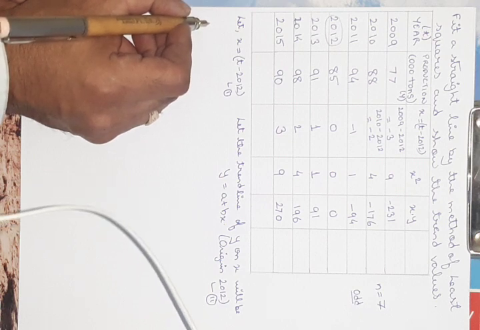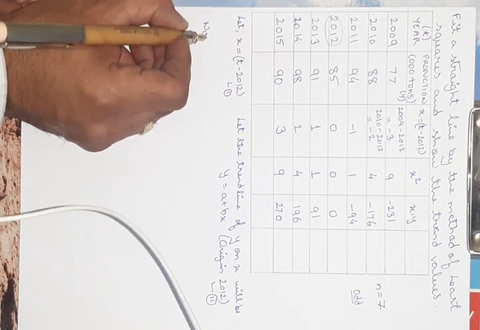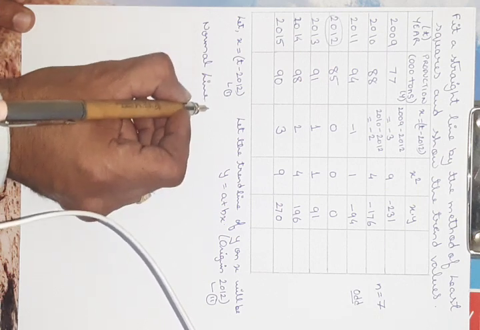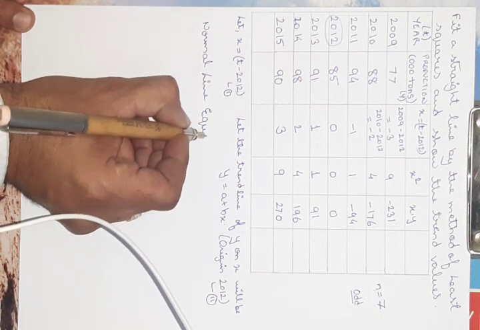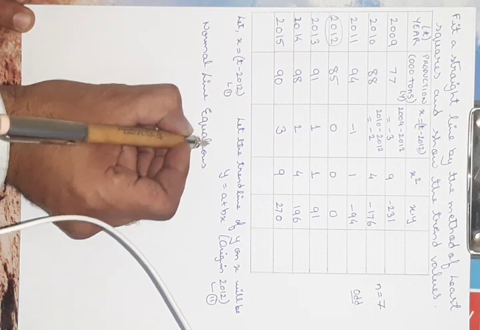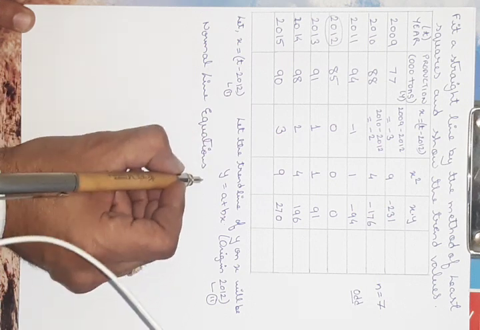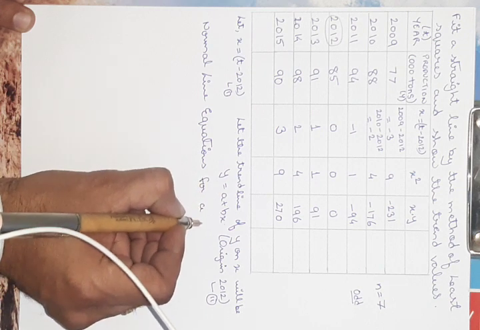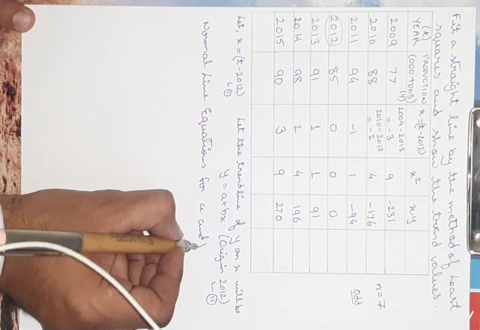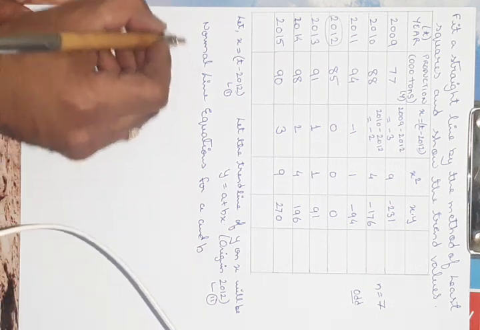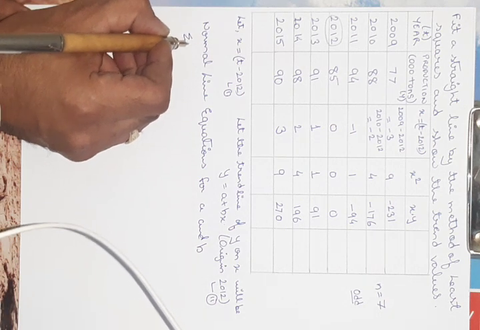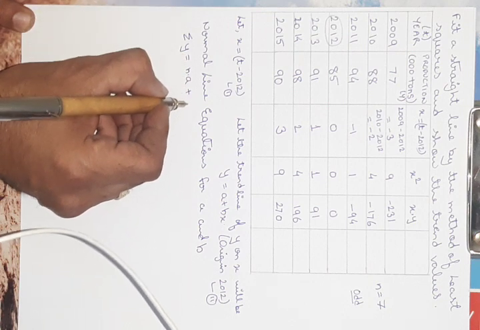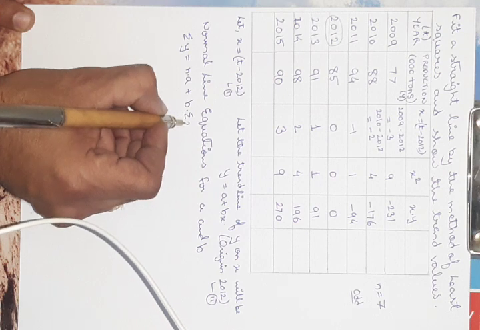Now the normal line equations. We have to see what the normal line equations are for the value of a and for the value of b. This is summation of y is equal to n into a plus b into summation of x.